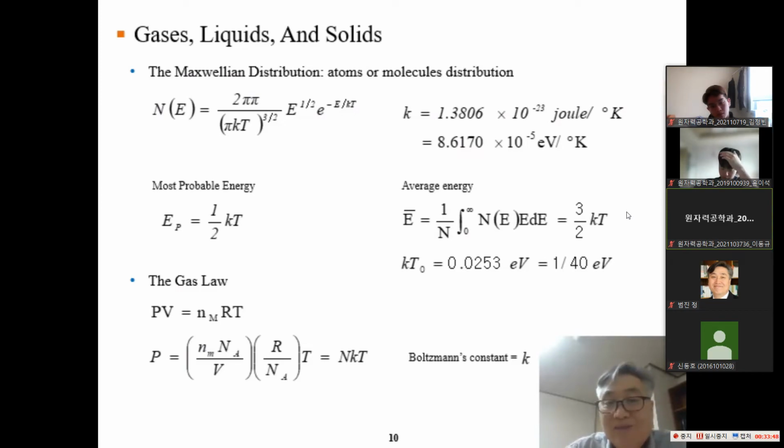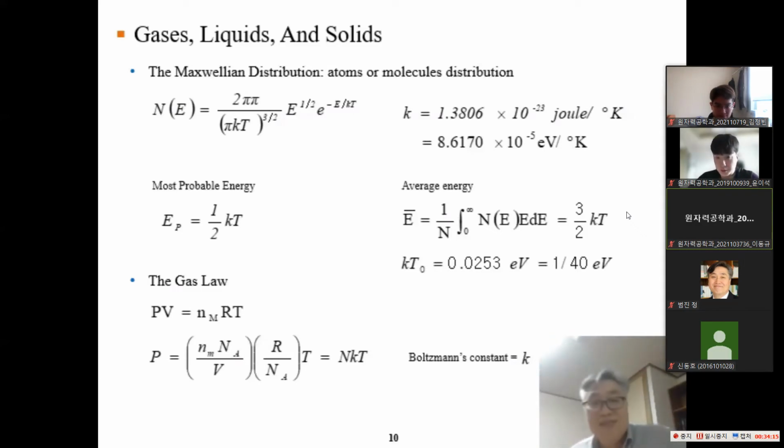If we would like to calculate the average energy, we know the averaging process: we multiply E to the above distribution and integrate it to get the average energy.